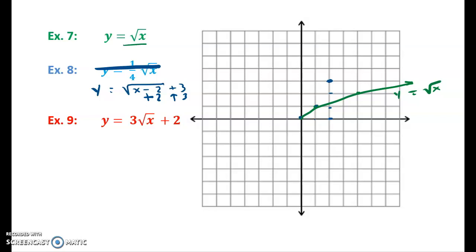I'm going to move the point 1, 1 right 1, 2, and then up 1, 2, 3. I take the point 4, 2 from my parent function, move it right 1, 2, move it up 1, 2, 3, and draw my new curve.